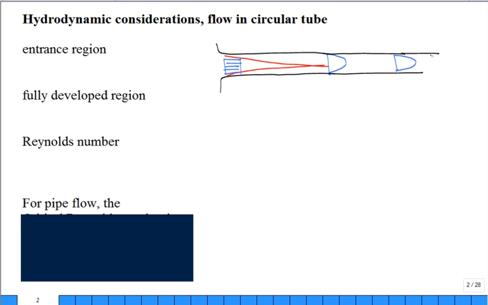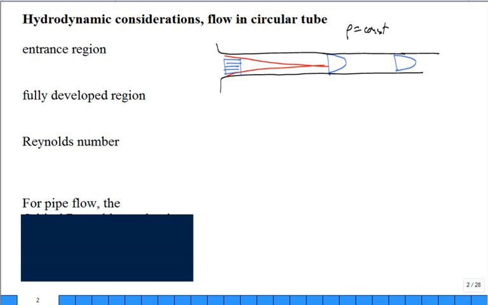How would it change? I mean, it's not going to speed up or slow down anymore. We're going to do constant density. Density is equal to a constant, so it's not like it's expanding, hence speeding up as it's going down the pipe. It's fully developed. Incompressible. The velocity profile quits changing.